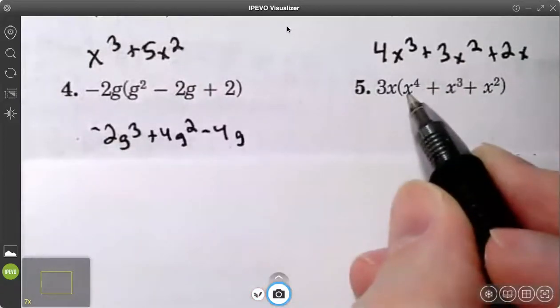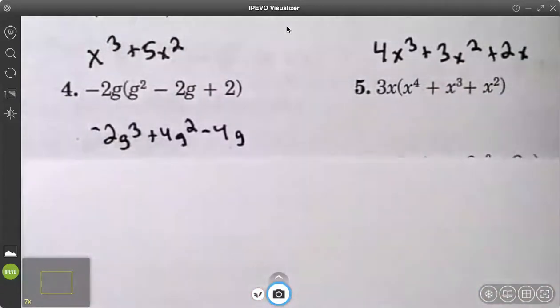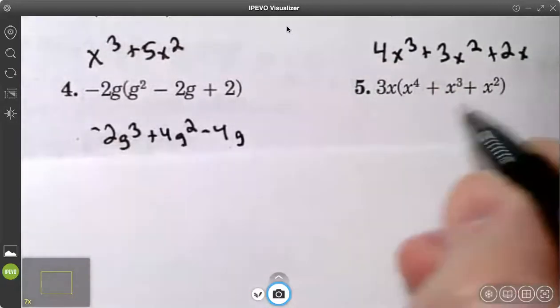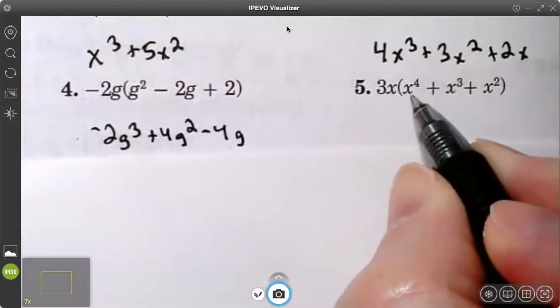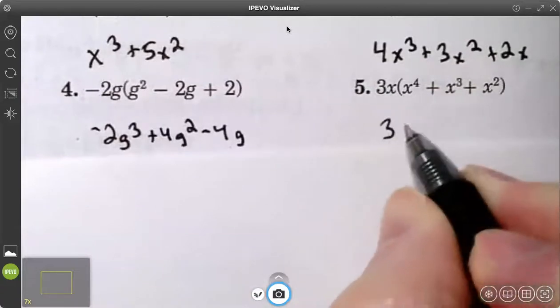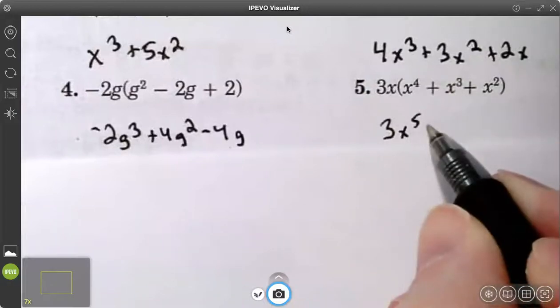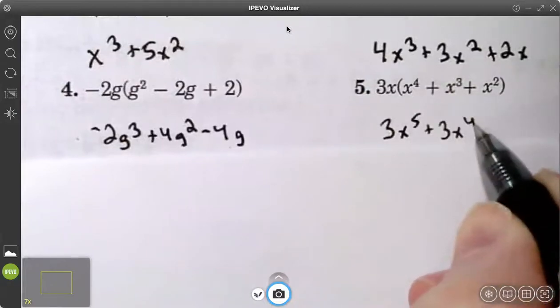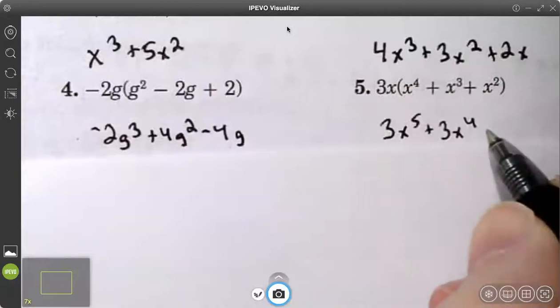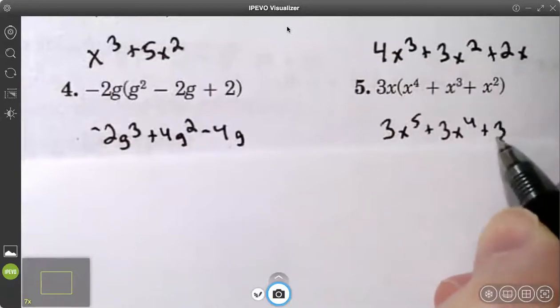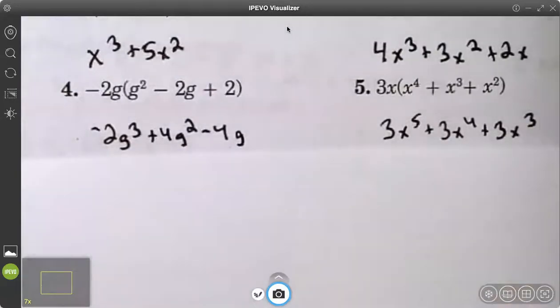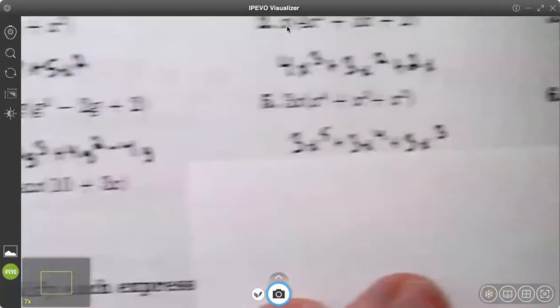Number 5, left to right will be fine. 3x times x to the fourth is 3x to the fifth. Then you get 3x to the fourth. Then you get 3x to the third. Trinomial, degree of 5, leading coefficient of 3.